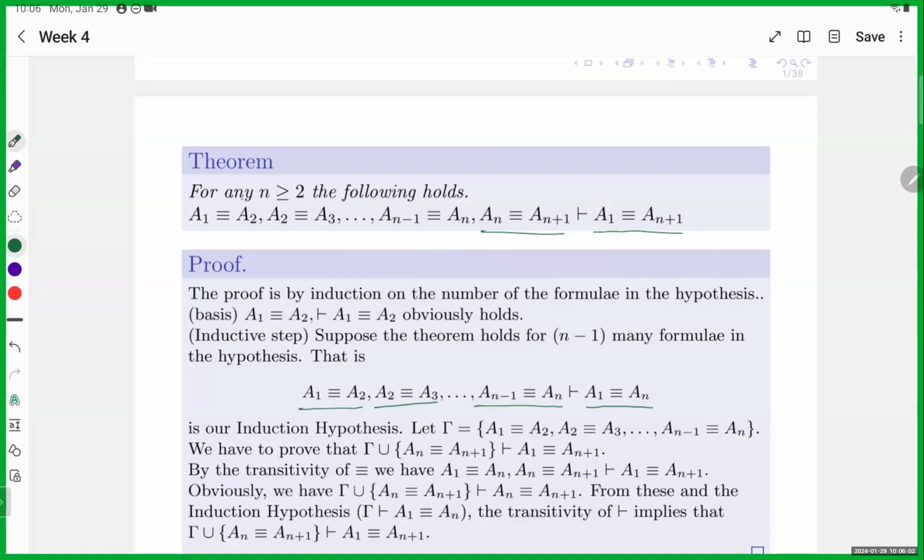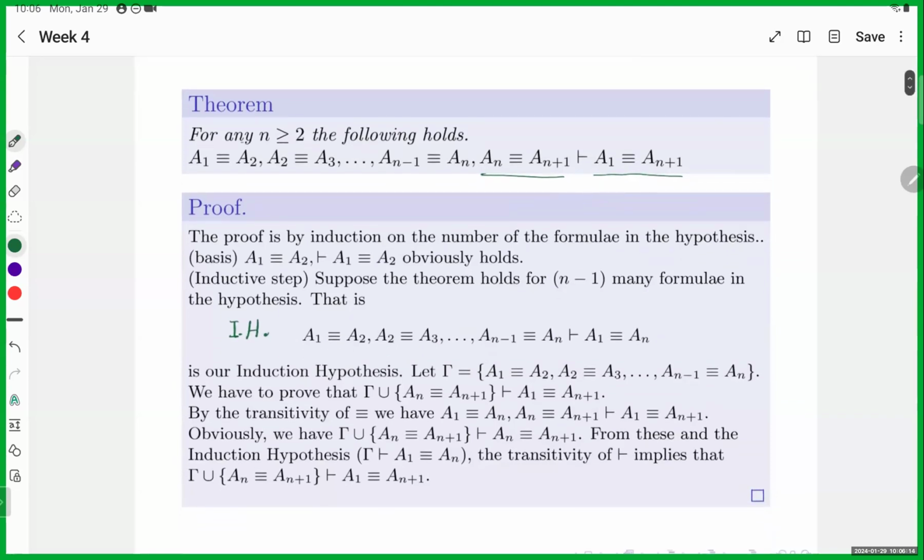Then the first one is equivalent to the last one. So this is your induction hypothesis. And now you want to show that the same is true when you have n hypotheses.